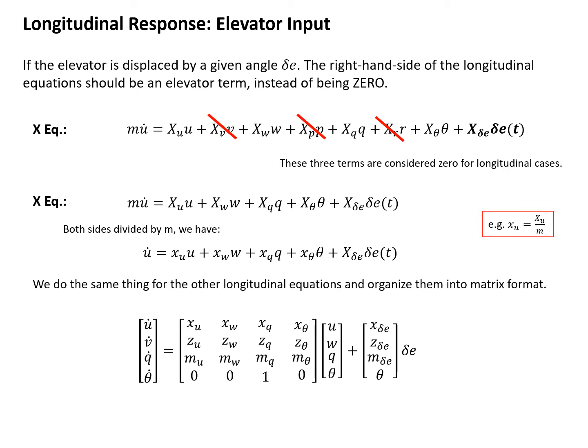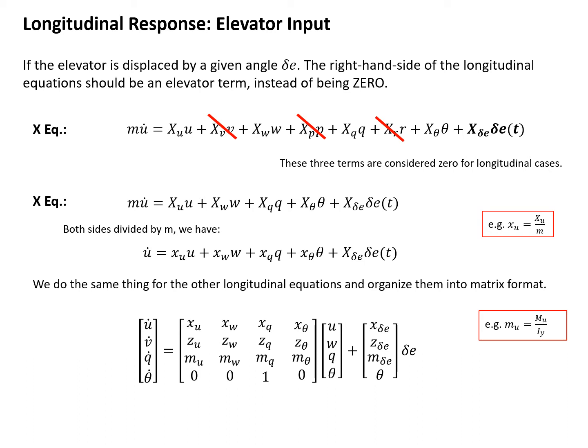Doing the same thing for the other equations, we can combine the 4 equations together and write them in matrix form. It's more concise and easier to process with a computer program. You can see it's quite organized, and delta E appears on the right-hand side. We will do a detailed analysis of this matrix.